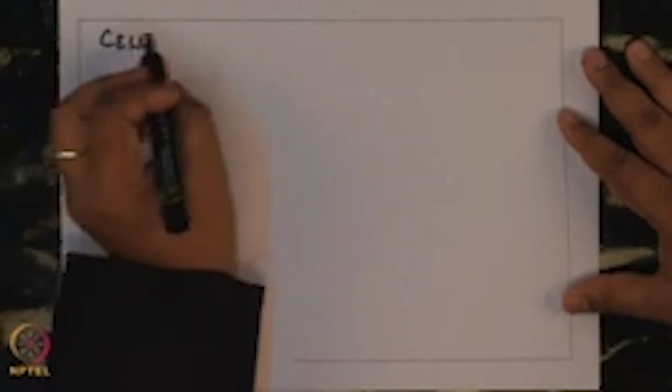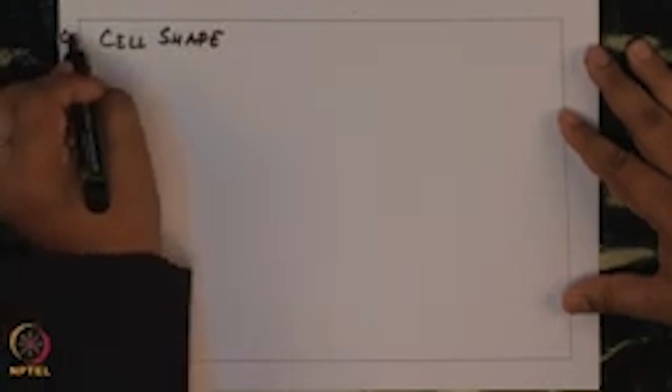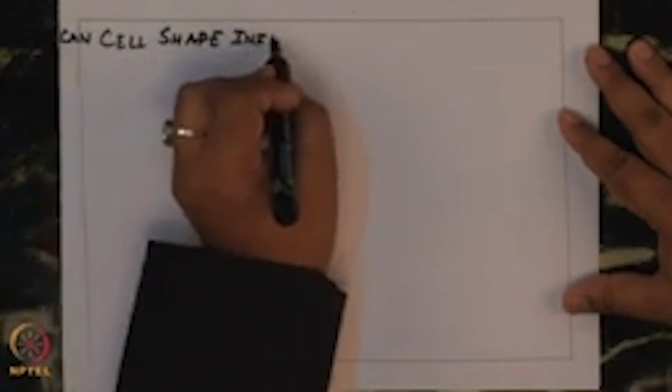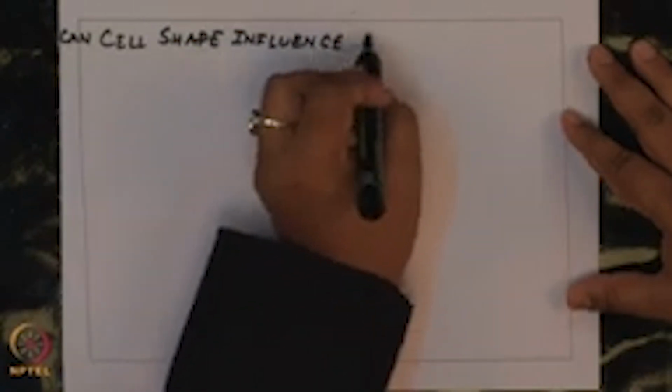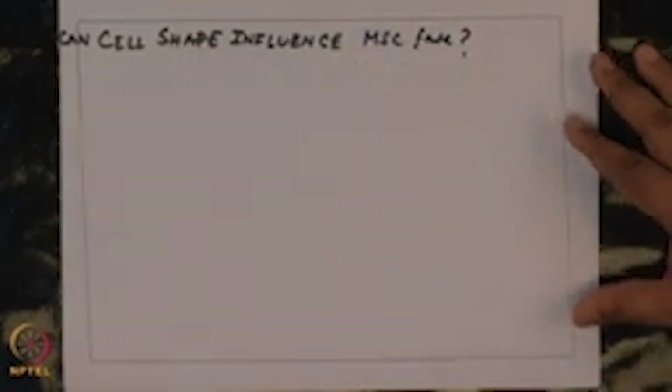So, to ask if cell shape alone can influence MSC fate is the question.